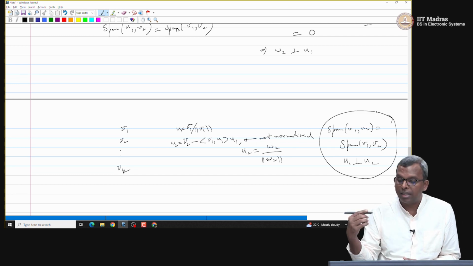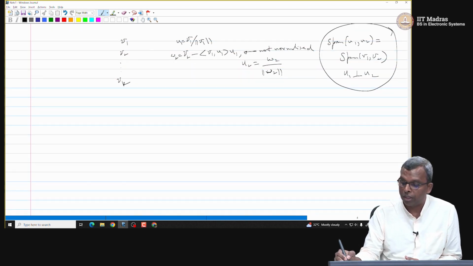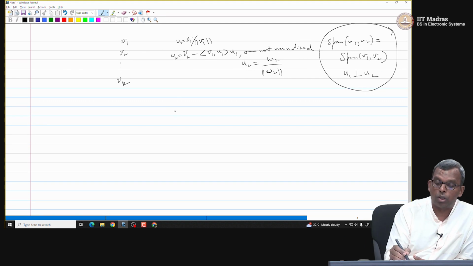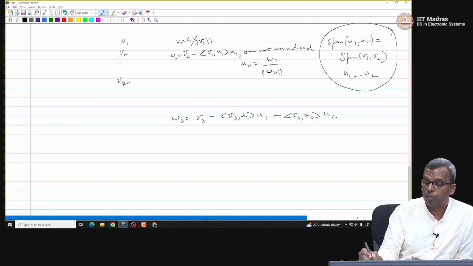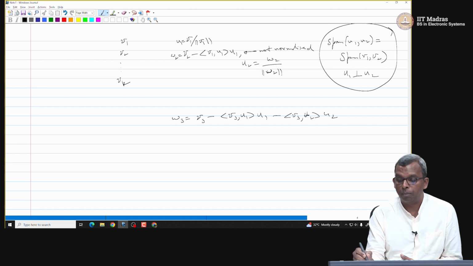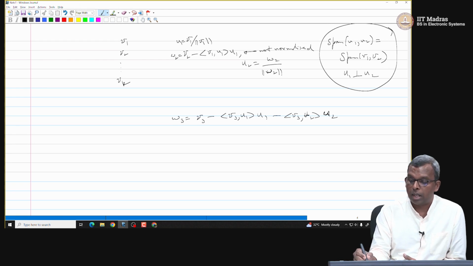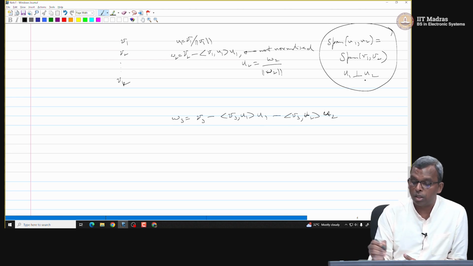Now, the same thing is achieved when you carry on further and further. So, notice what happens here. If you go to w3, now w3 is going to be v3 minus ⟨v3, u1⟩ u1 minus ⟨v3, u2⟩ u2. Is that okay? So, now notice what happens here. See, u1 and u2 are already orthogonal, right?